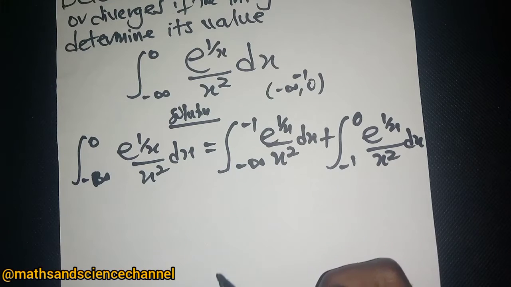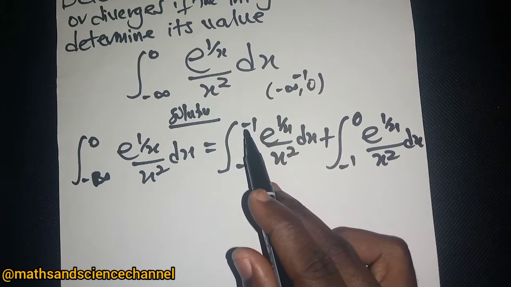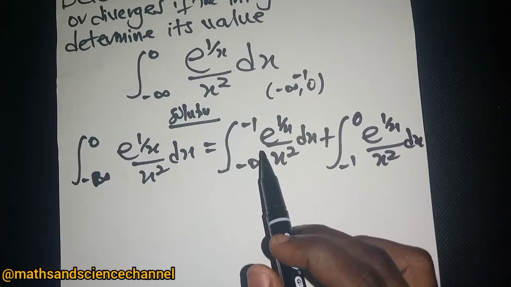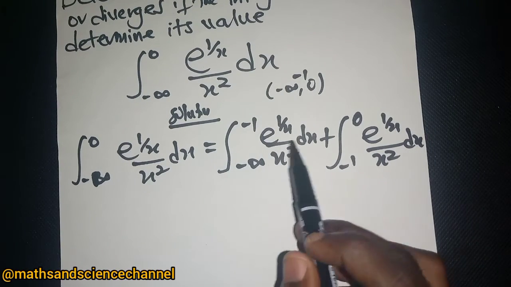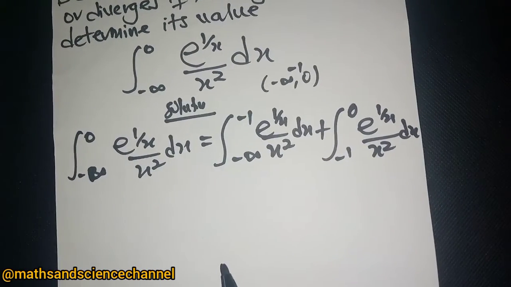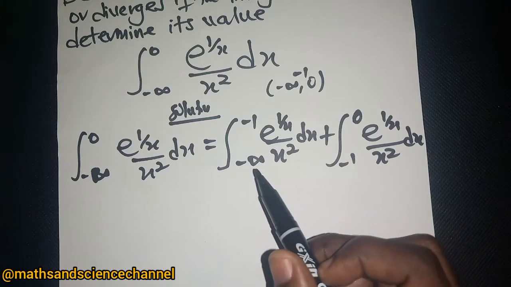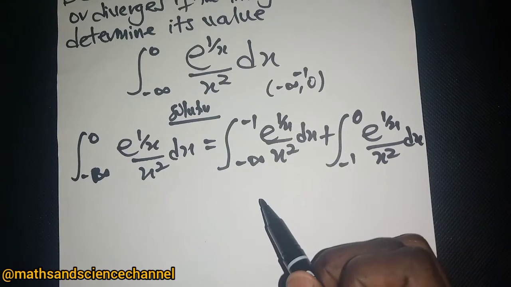If we solve and the integrals converge, then it is right that we split the integral. But if we solve and it diverges, then we could not have split the integral.